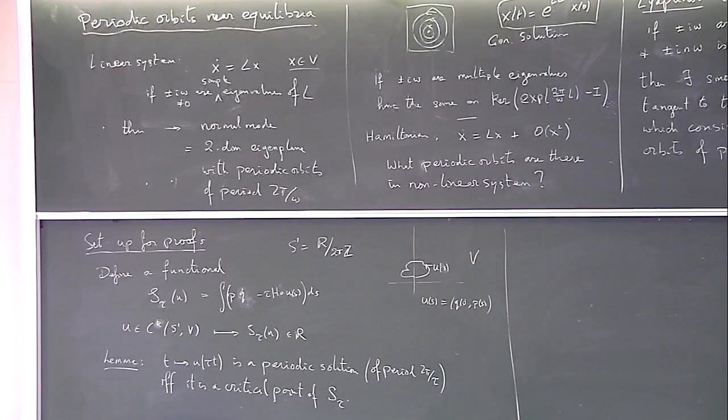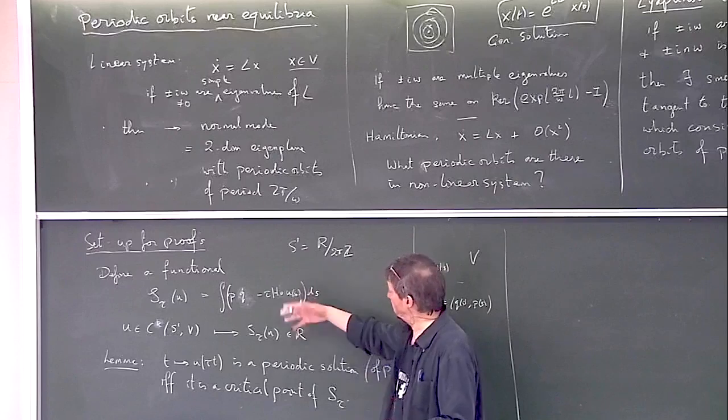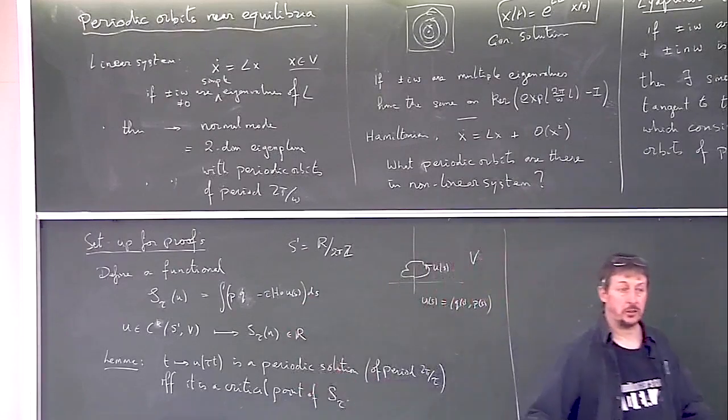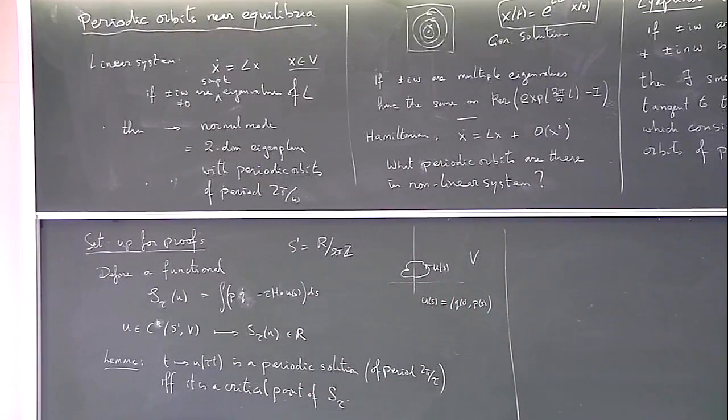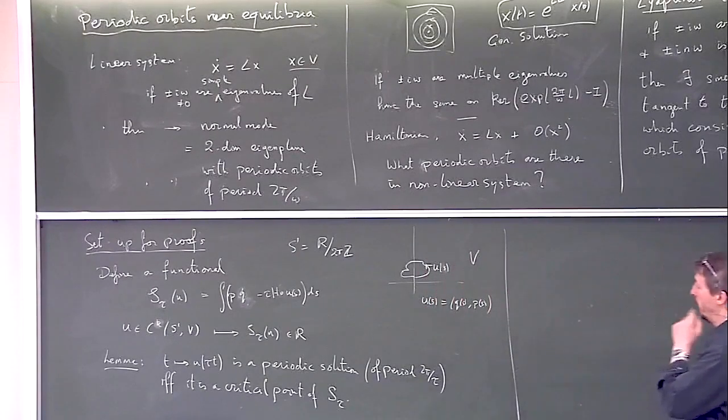I just wanted to say what the setup is. So the variational approach is to produce some argument that says you have to have a certain number of critical points of this functional under certain conditions. So that's the setup, and that's all I'm going to say about it.